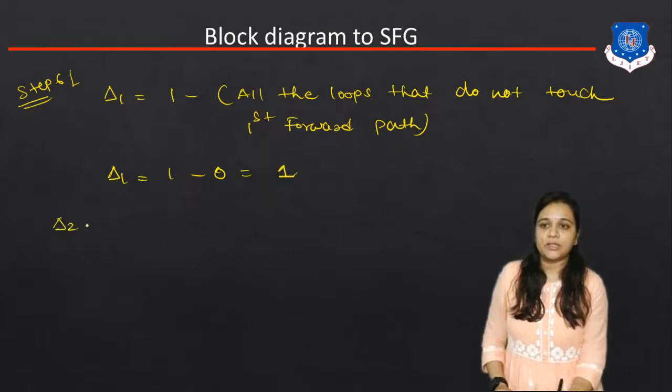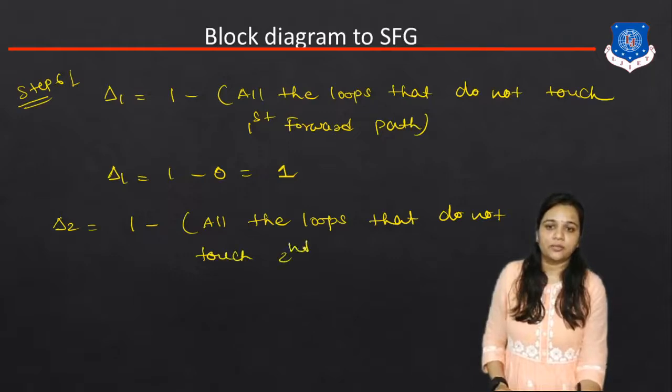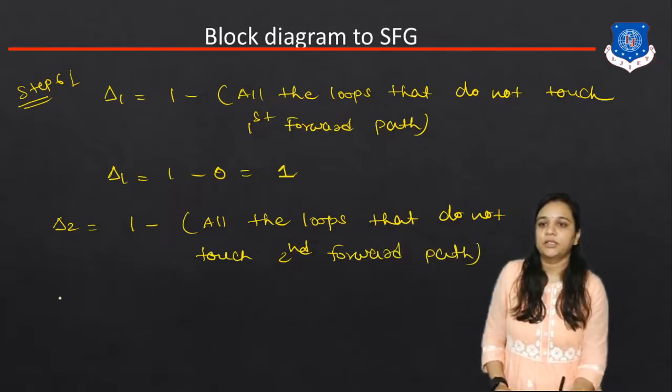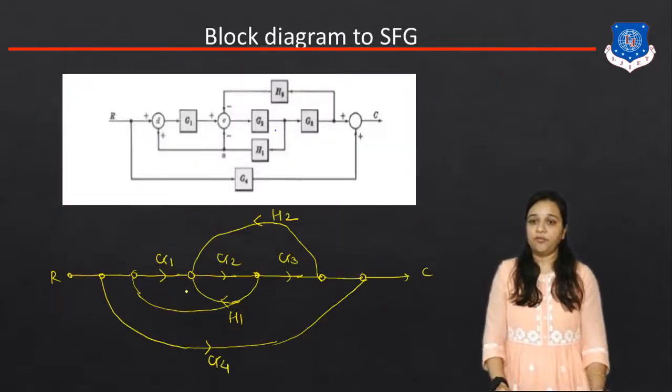Okay, now what is the equation of delta 2? So delta 2 is equal to 1 minus all the loops that do not touch the second forward path. So delta 2 is equal to 1 minus, check, the second forward path is G4.